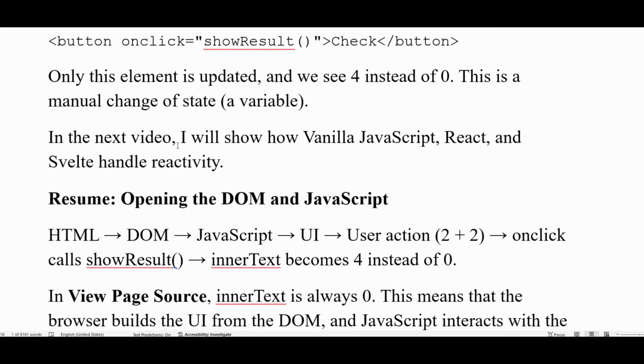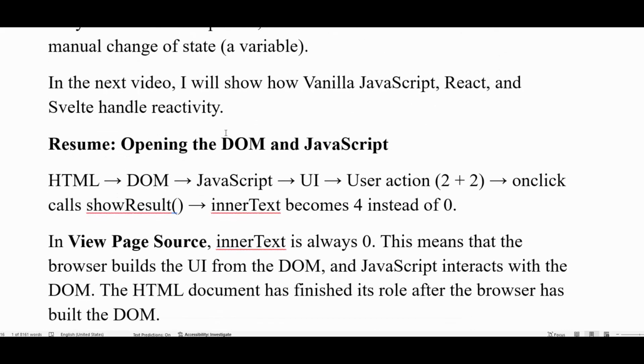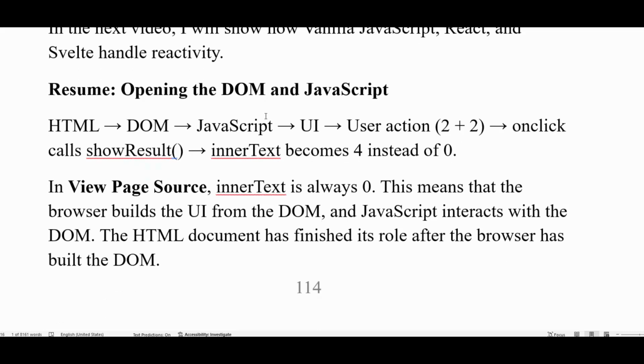Only this element is updated and we see 4 instead of 0. This is a manual change of state variable. In the next video, I will show how vanilla JavaScript, React, and Svelte handle reactivity.